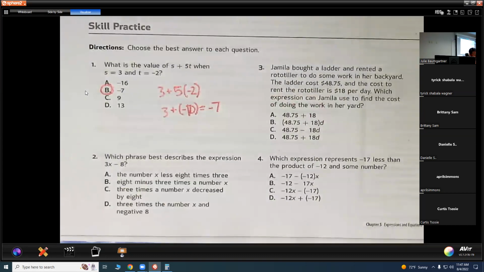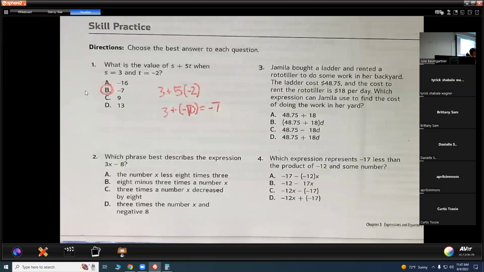All right, number 2, which phrase best describes the expression? B, 8 minus 3 times a number.